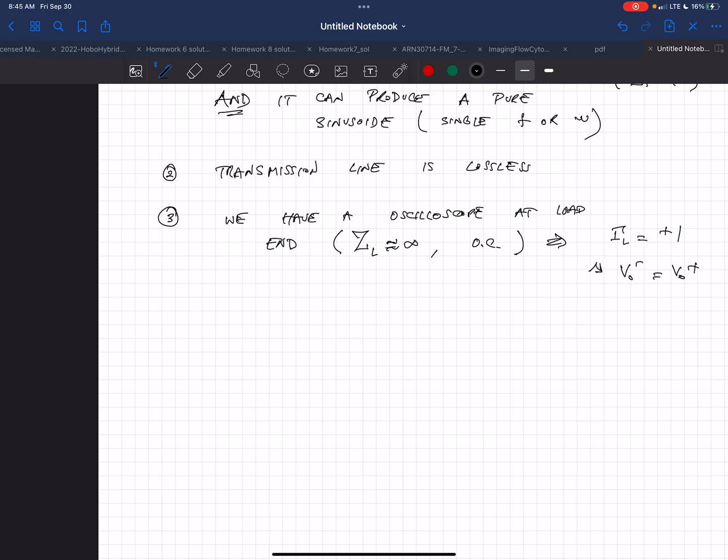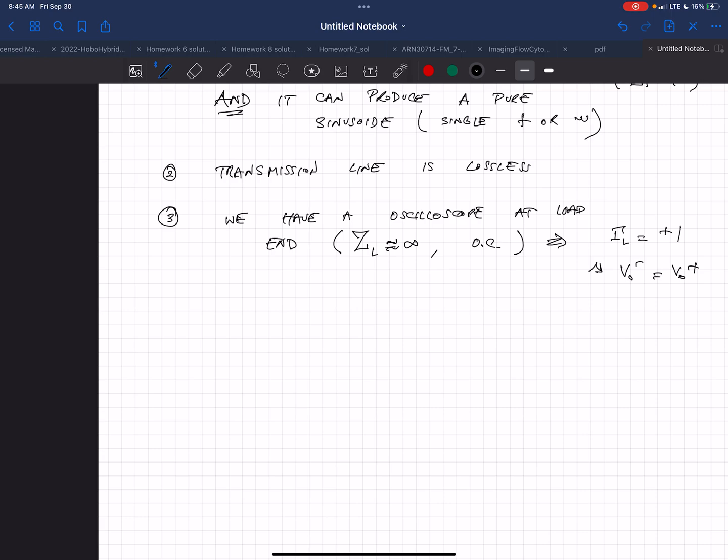If you have a semi-infinite transmission line with impedance Z0, and you have an open circuit, or Z sub L equal to infinity, we came up with the total voltage last time as a function of z: 2V0 plus cos beta z.